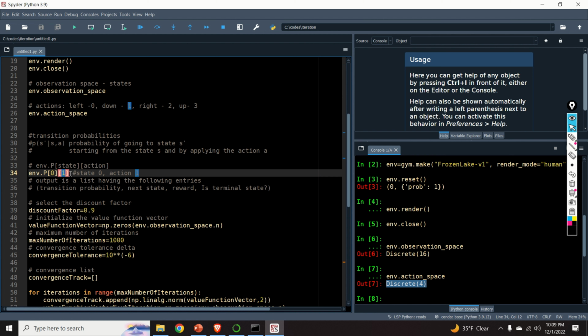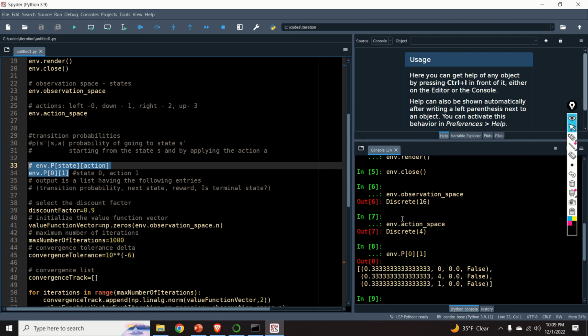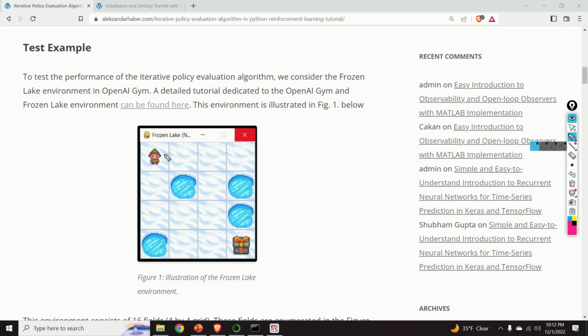When I write P[0][1], I'm asking OpenAI Gym to provide me the dynamics, or better said, the transition probabilities of being in state 0 and selecting the action 1. By typing this code line, we asked OpenAI Gym for the transition probability of being in this state and applying the action down.